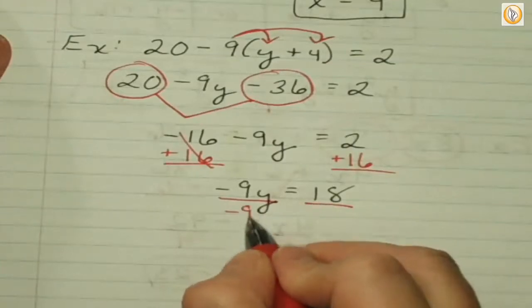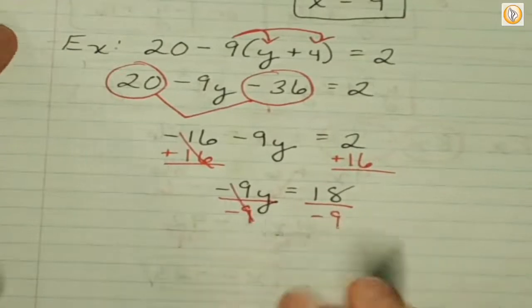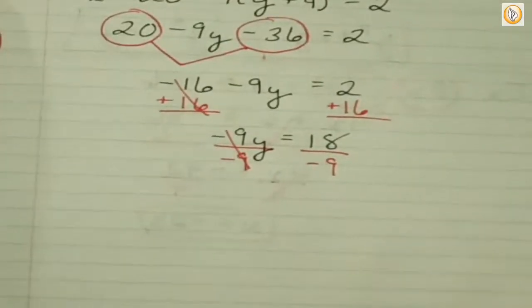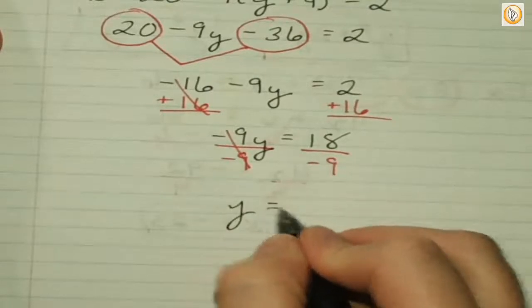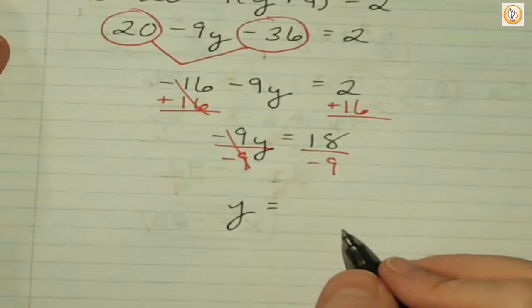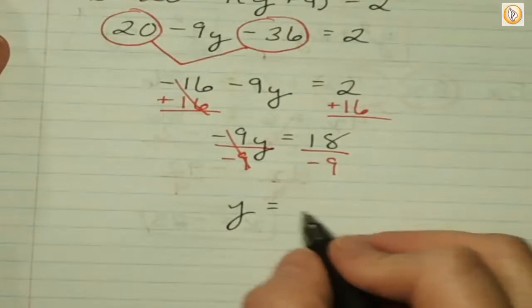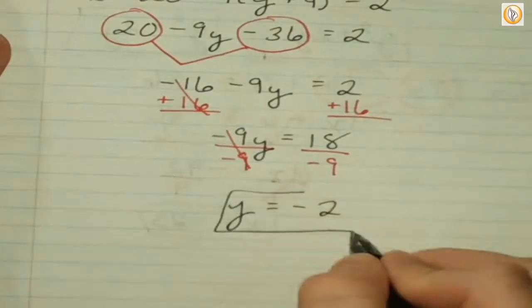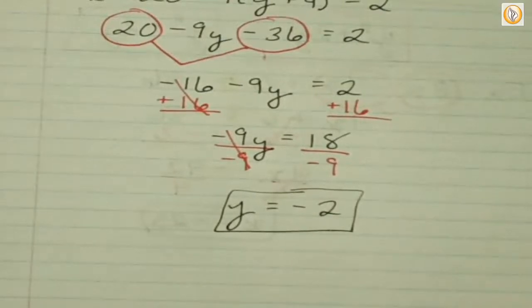There you go. Negative 9. Yeah, it's attention to detail. So then y equals what, Kelly? Negative 2. Attention to detail, sister.